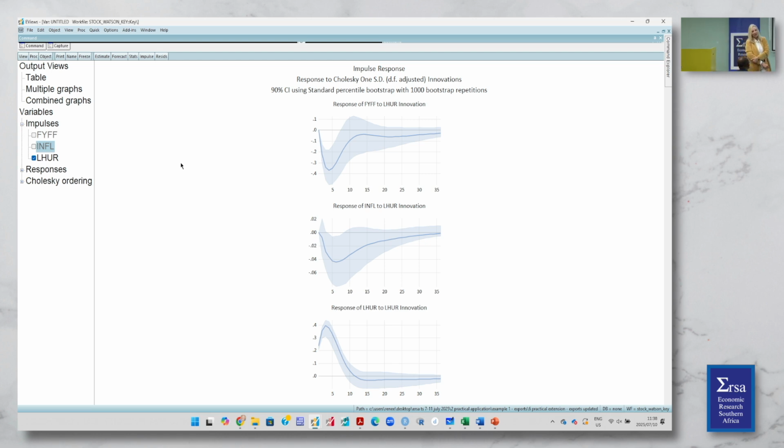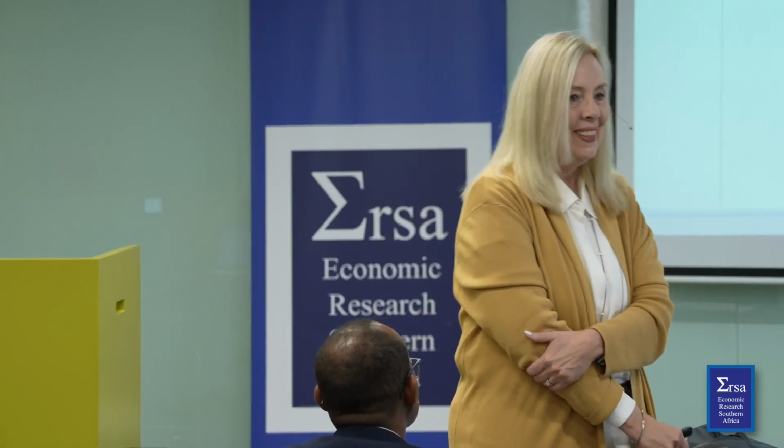Just a concern. So looking at, let's say, the first graph, the bottom values are for innovation.